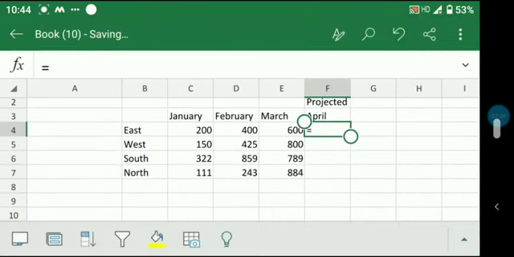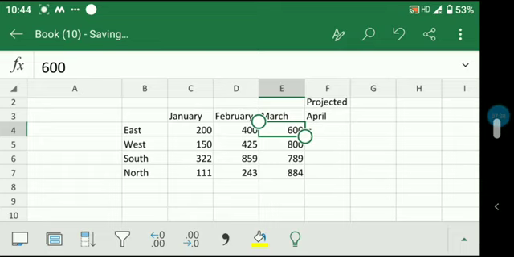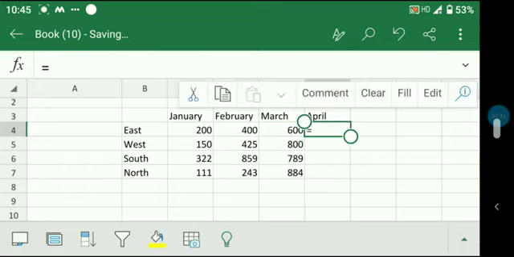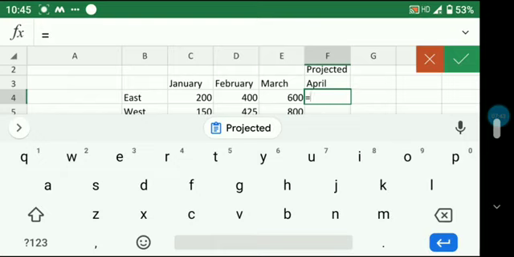So what is the sales achieved in March? It means 600. So after choosing here, next you will choose the 600 part.